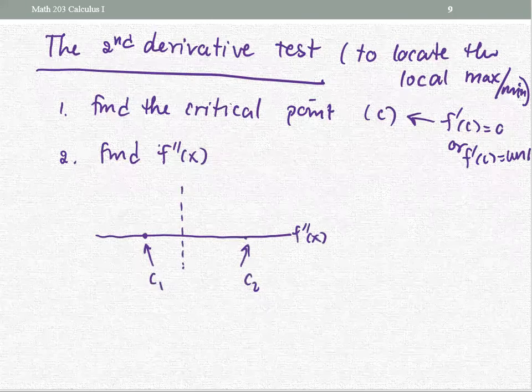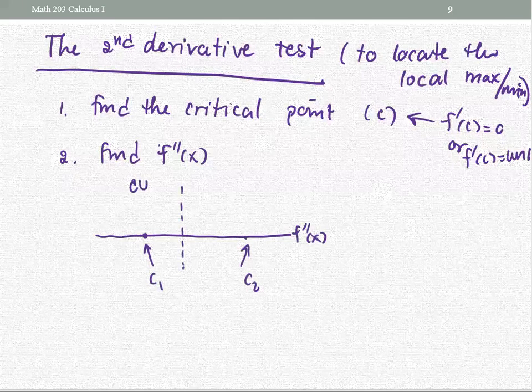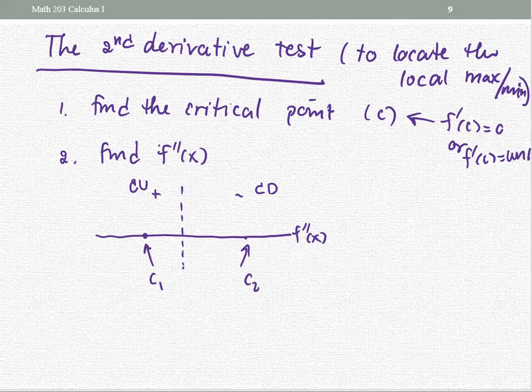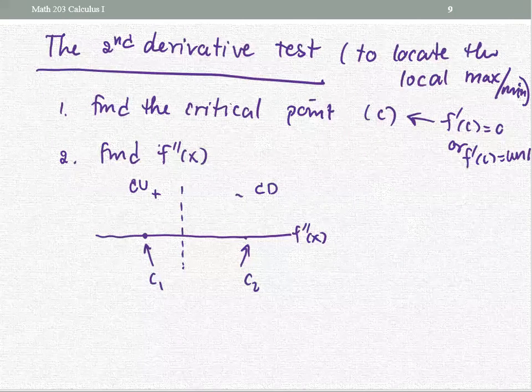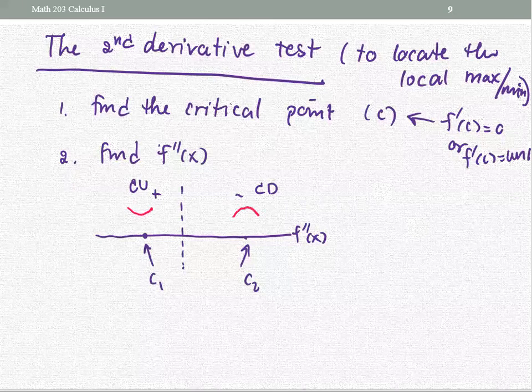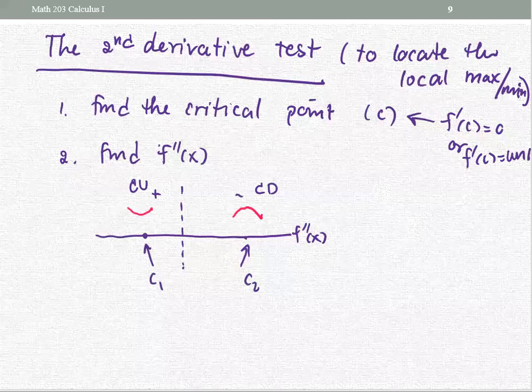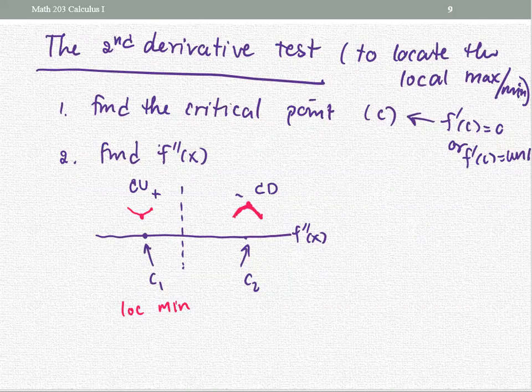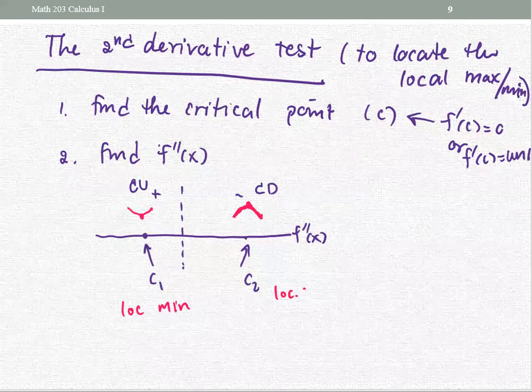C1 is in the concave up interval, which is the positive side of the second derivative, and the other one is in the concave down interval, which is the negative sign. I'm going to use the same icon as before: concave up, I'm happy; concave down, I'm not happy. My C1 is in a concave up interval, so C1 is the local minimum. And my C2, which is in the concave down interval, my icon is not happy. I see the bump up here. So my C2 is my local maximum.